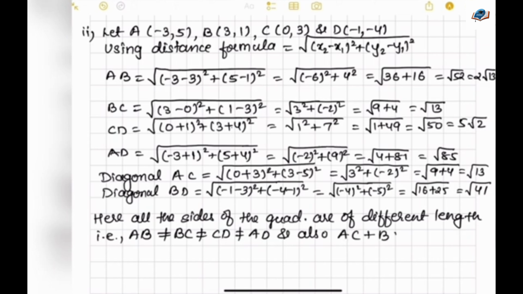And also AC plus BC equal to AB, which means A, B, and C are collinear.